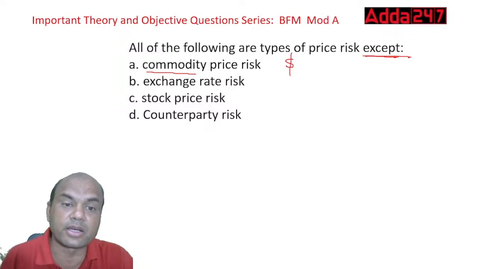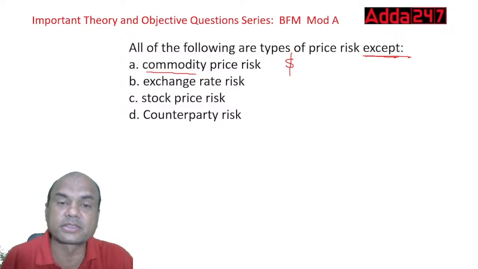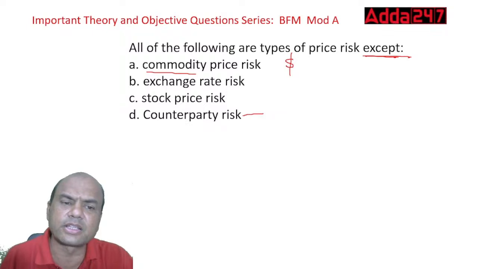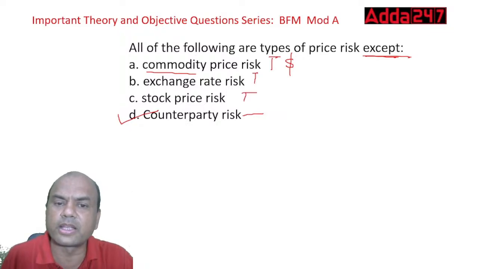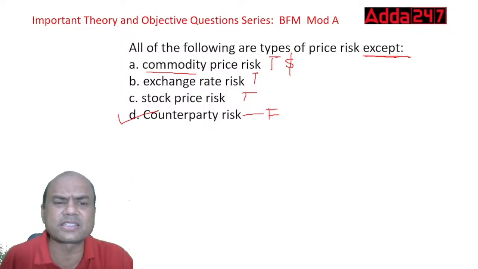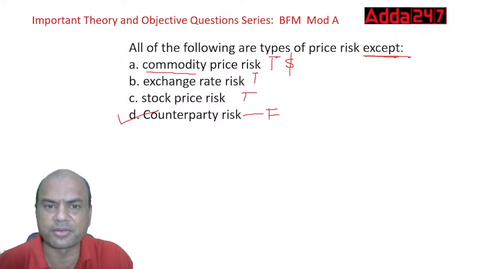So this is also a part. Stock price risk and counterparty risk. Now it's a typical one. Counterparty is what? Just now we saw it, credit. So is it a part of price risk? No, isn't it? So this is the answer. So these all are true, true, true, true, and this one is false. And we want the false one only, which is not the type of price risk, right? Stock price risk, obviously, is a part of price risk only, isn't it?